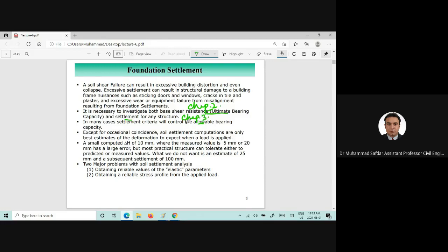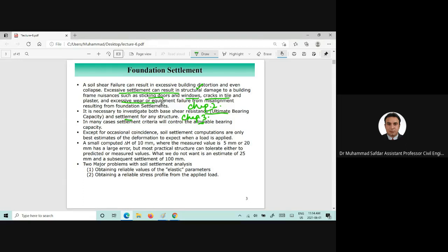Now, why do we estimate the settlement? Because excessive settlement can cause structural damage to buildings, nuisances such as sticking doors and windows and cracks in the tile and plaster, and excessive wear or equipment failure from misalignment resulting from foundation settlements if we are dealing with machine foundations.